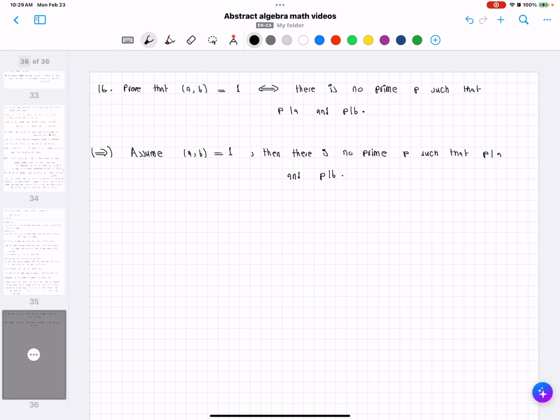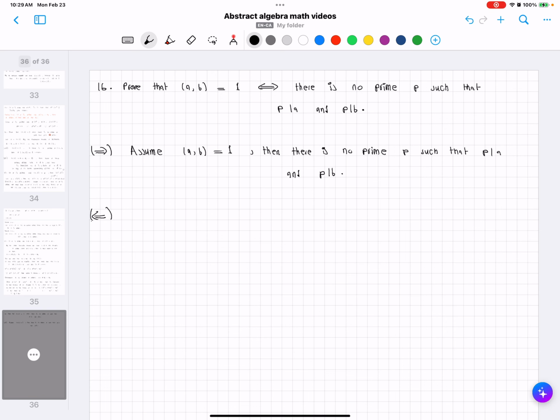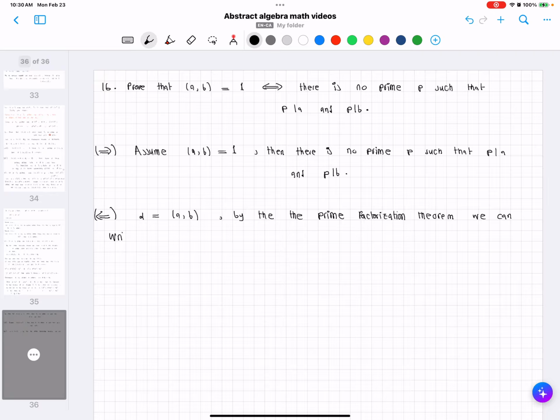So let's go in the other direction. So consider the GCD of A and B. So we have D is the GCD between A and B. By the prime factorization theorem, we can write D as a product of primes.